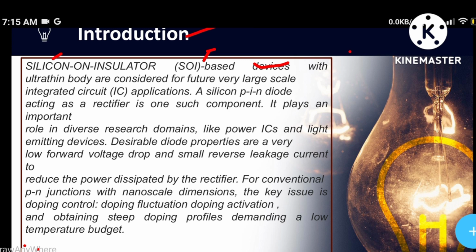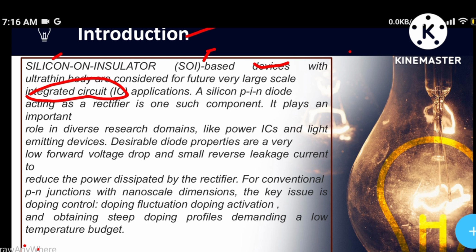In this PPT, IC means integrated circuits, a chipboard kind of thing which includes semiconductor devices. The silicon PIN diode, a PN junction acting as a rectifier, is one such component. It plays an important role in diverse research domains like power ICs and light emitting devices.